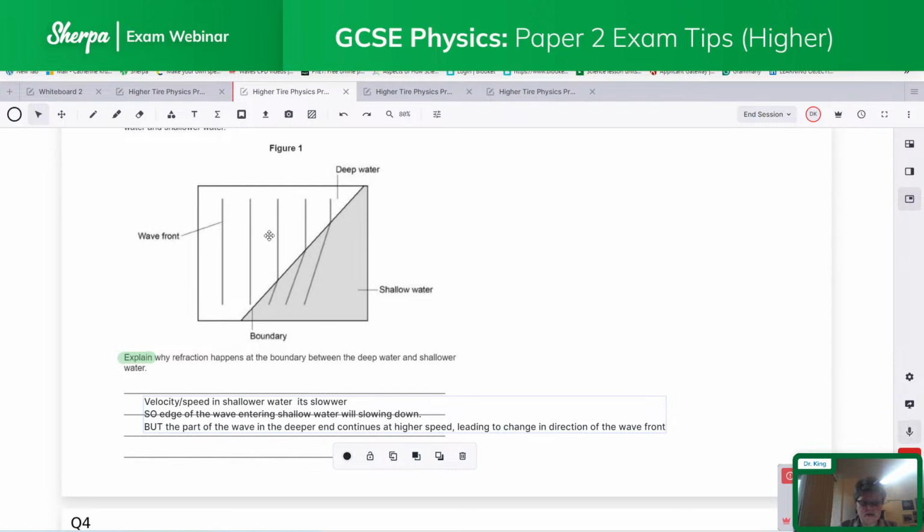So the wavefront in deep water, when meeting the boundary with the shallow water, stays at the higher speed. Waves slow down in the shallow water, and refraction happens because that part of your wavefront slows down.